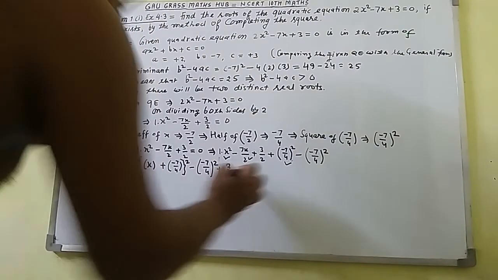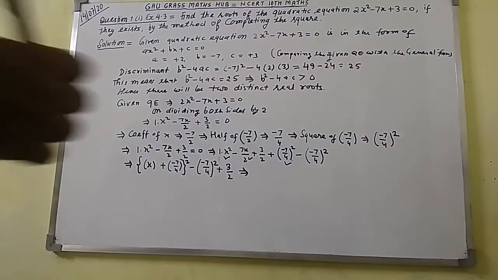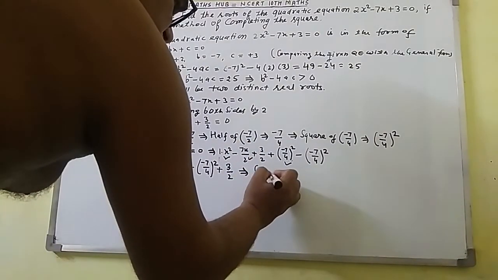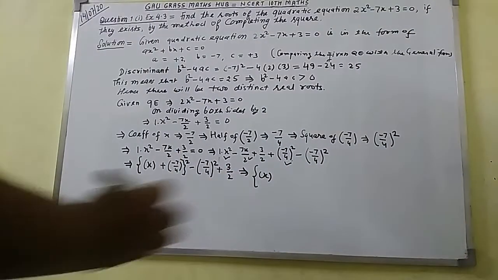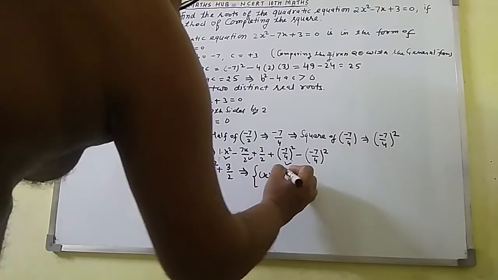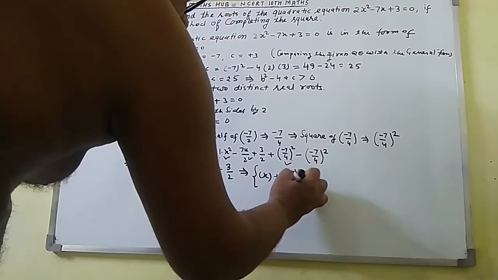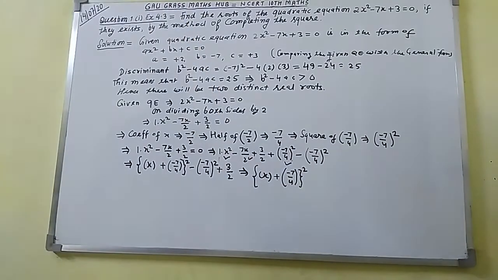Now imply that, now you have to operate this one. Operation of this one will be complete. So here you can write x plus, in bracket, minus 7/4, close, whole square.